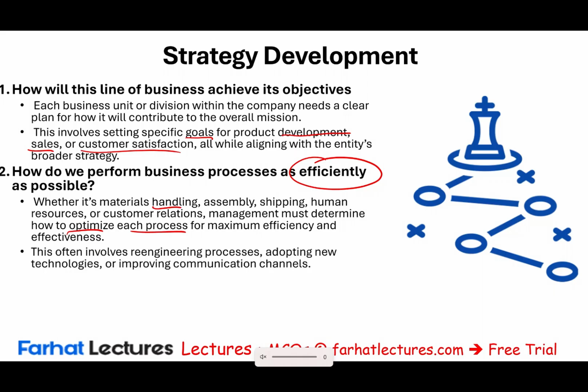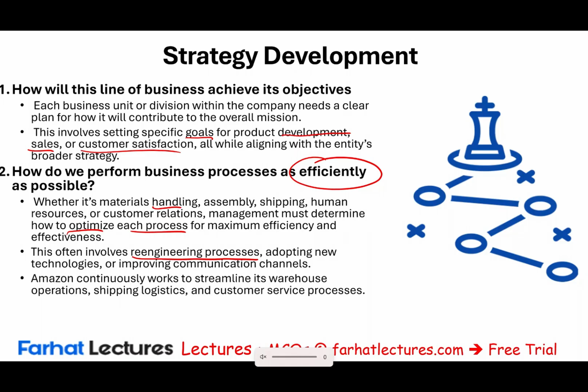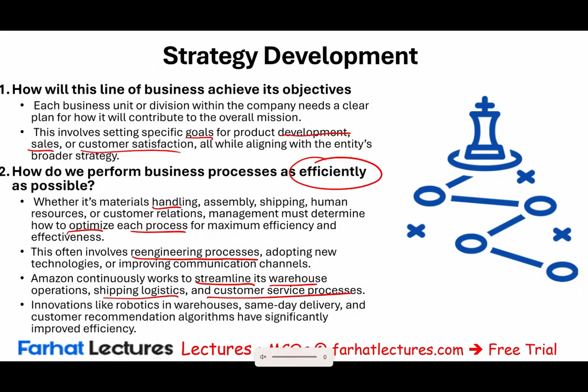This often involves re-engineering processes, adopting new technology, improving communication channels, whatever needs to be done. For example, Amazon continuously works to streamline its warehouse operations, shipping logistics, and customer service processes. This is part of becoming more efficient and more effective. Innovations like robotics in warehouses, same-day delivery, and customer recommendation algorithms have significantly improved efficiency for a company like Amazon.